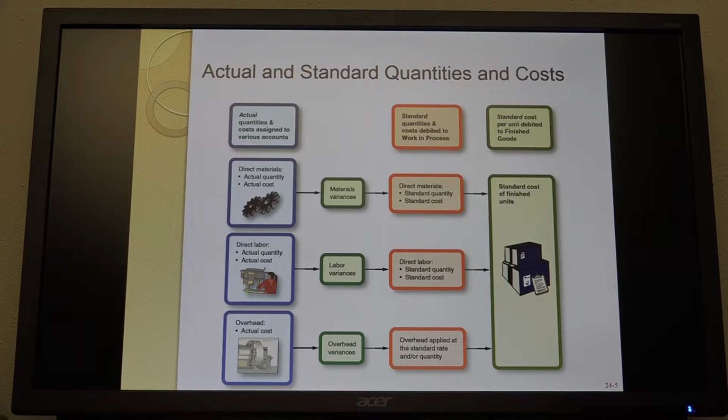Actual quantity and actual cost are compared with standard quantity and standard cost to figure out the variance. And then for overhead, you compare the actual cost with the overhead that's applied at the standard rate or quantity.